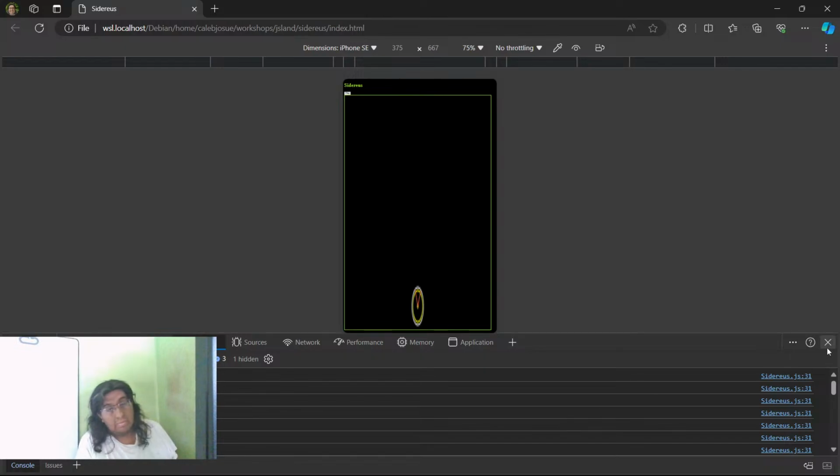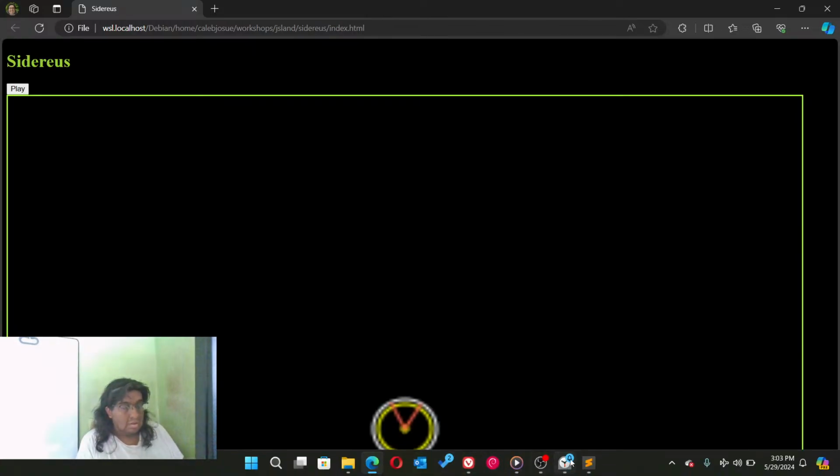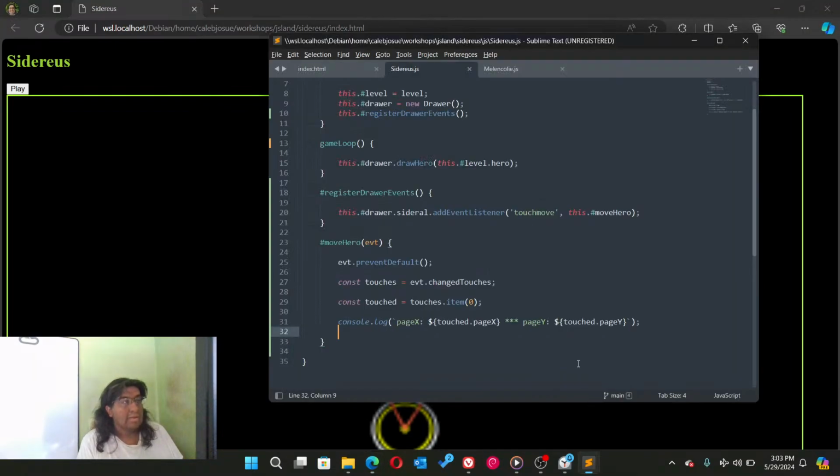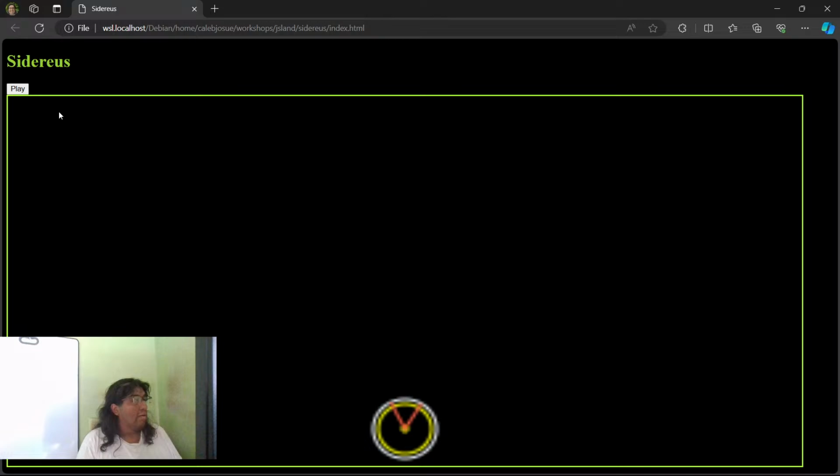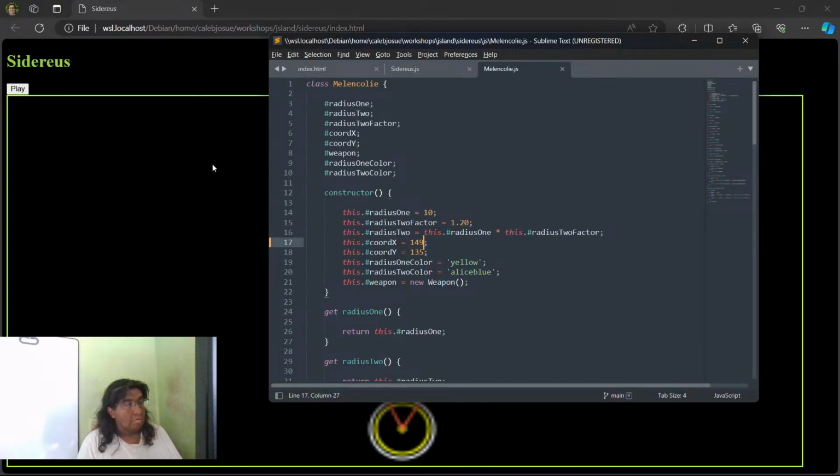Okay, now I'm going to experiment with how fast the move should be. Noticeable.